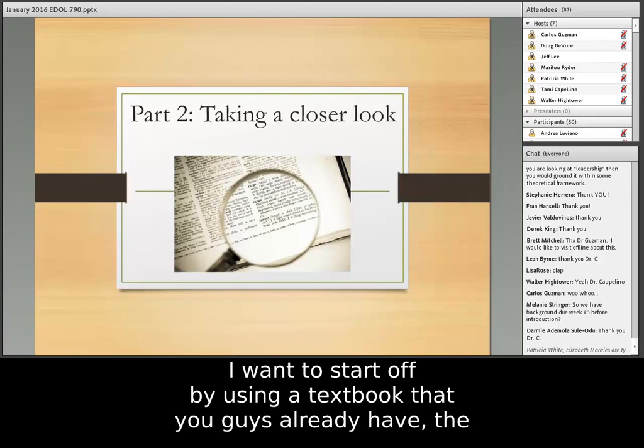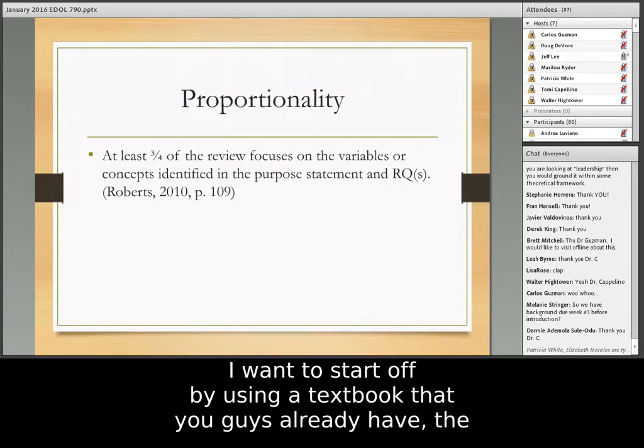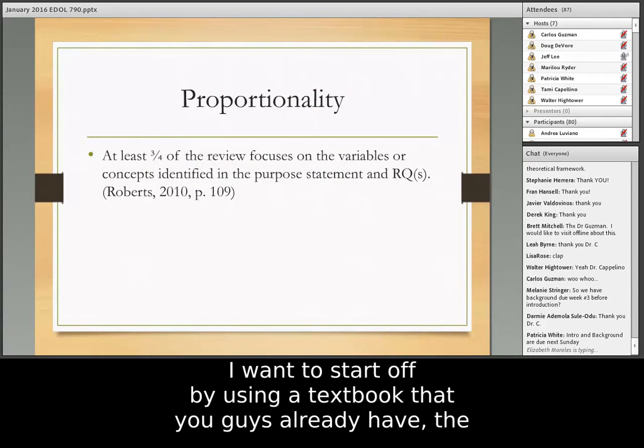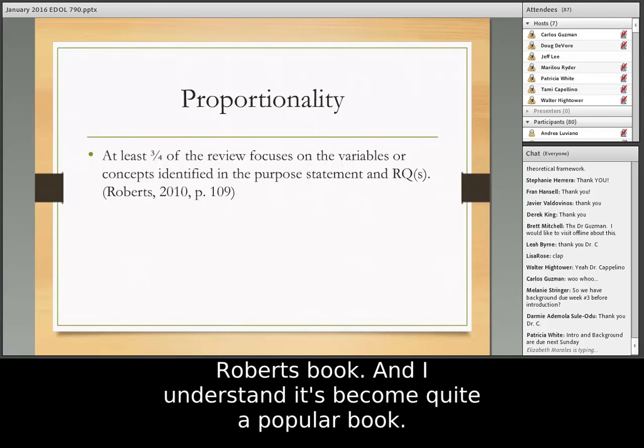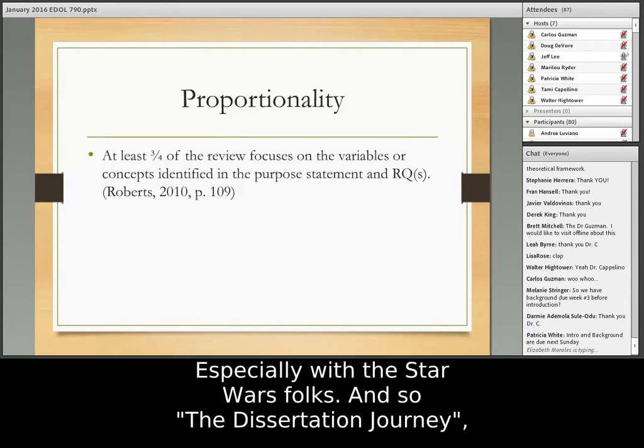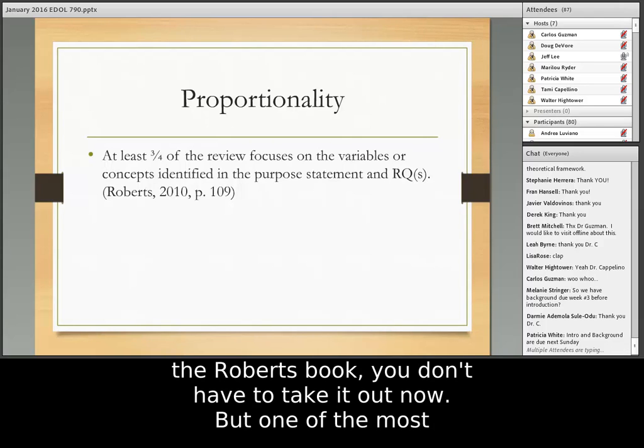I want to start off by using a textbook that you already have, the Roberts book, and I understand it's become quite a popular book, especially with the Star Wars folks. So The Dissertation Journey, the Roberts book.